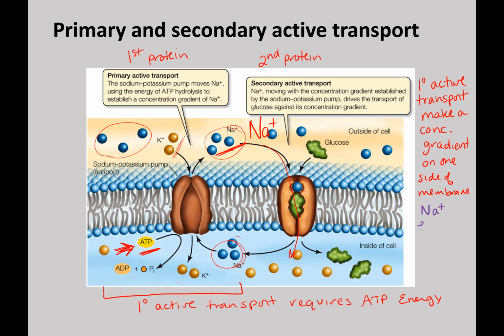Sodium enters the cell by facilitated diffusion. Okay, so facilitated diffusion again is moving a solute or a molecule with its concentration gradient from high to low, and in doing so, it can also bring in a second molecule.